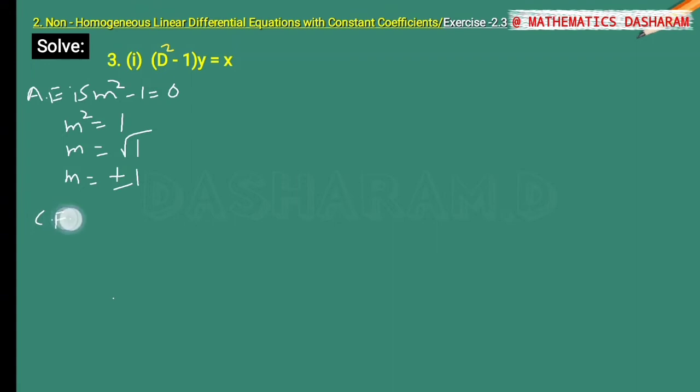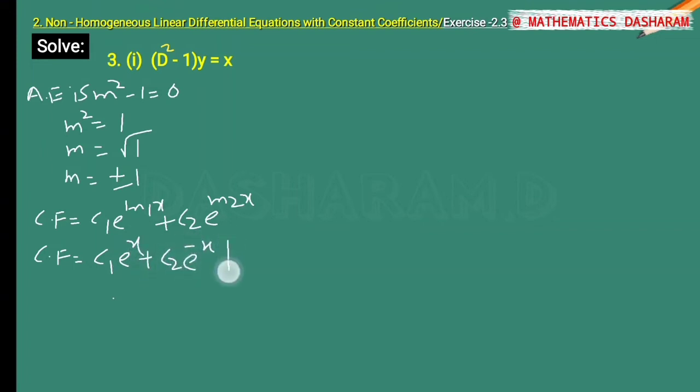Then the complementary function is c1 e^(m1 x) + c2 e^(m2 x). So take m1 as 1 and m2 as -1. So c1 e^x + c2 e^(-x).